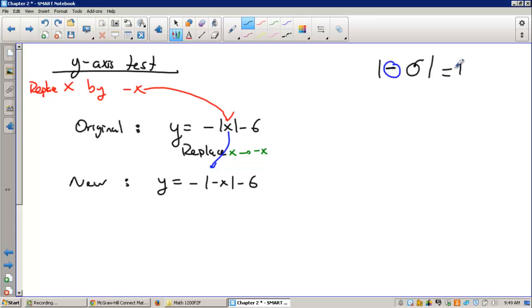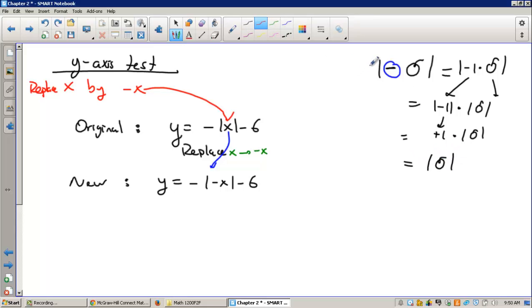You have actually negative 1 times apple there, and I can break absolute values into two pieces: the absolute value of negative 1 and the absolute value of the apple. The absolute value of negative 1 is positive 1. So the answer is just absolute apple. So in short, when you see a negative sign under absolute value, you feel free to wipe it out.